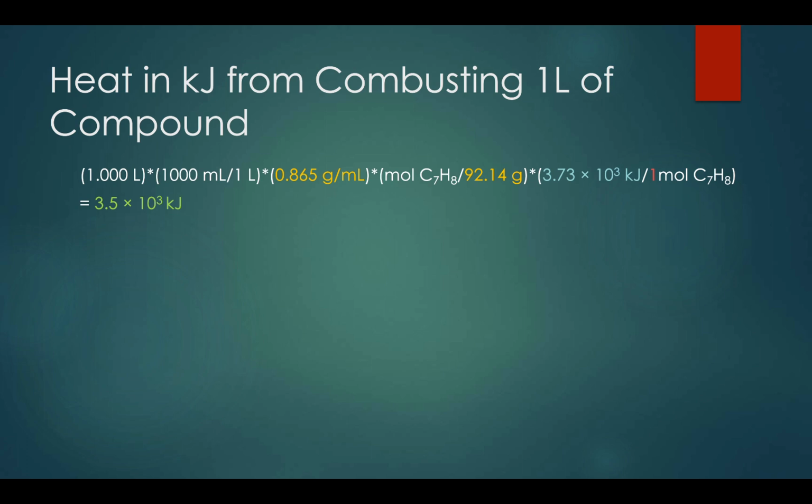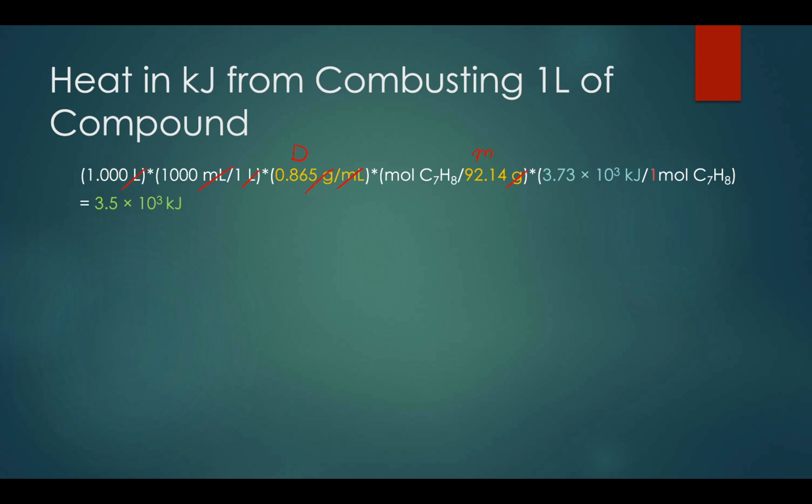So we have 1 liter multiplied by 1,000 milliliters divided by 1 liter. That cancels out our liters. Multiplied by our density. I'm just going to put a D for density. Divided by milliliters. That cancels out the milliliters. Multiplied by moles of toluene. And this is the, let's see if I could do this little m. There we go. That's the molar mass. And that's grams. Cancels out the grams.